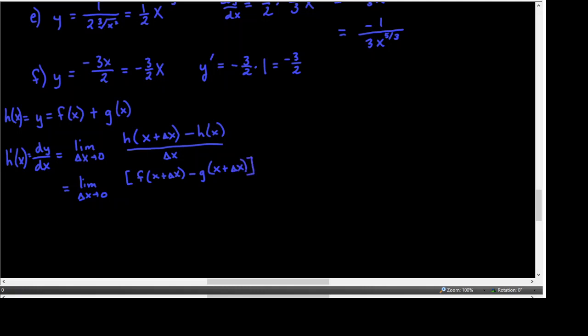Okay, that's h of x plus delta x minus h of x, which is f of x plus g of x, all over delta x.